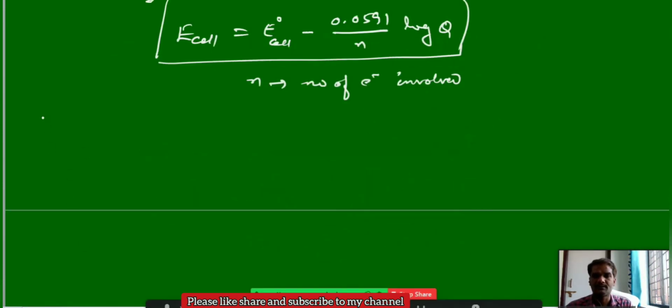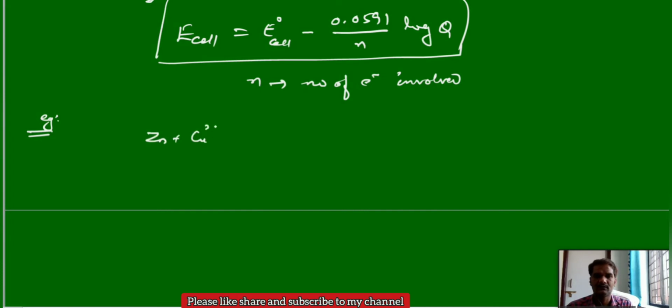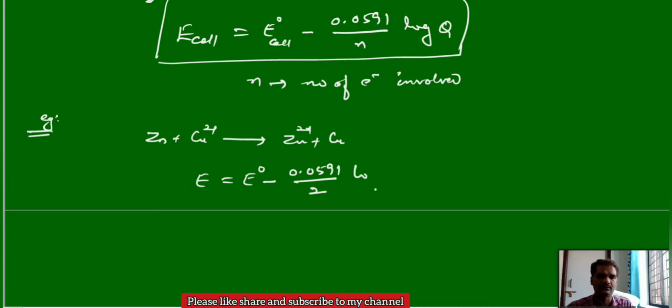We can see one example here. Let us take one Daniell cell equation. Zinc and copper 2 plus give zinc 2 plus and copper. For this, if you apply the Nernst equation, you will get E cell is equal to E naught cell minus 0.0591 by the number of electrons involved, here 2 electrons, n equal to 2, log.